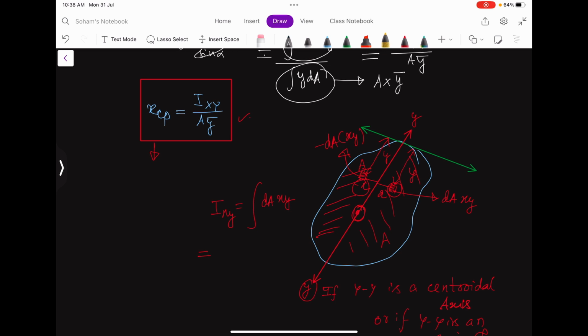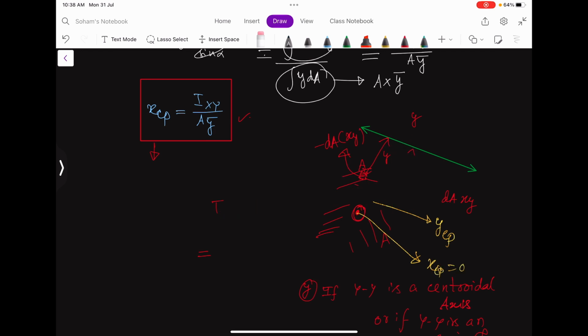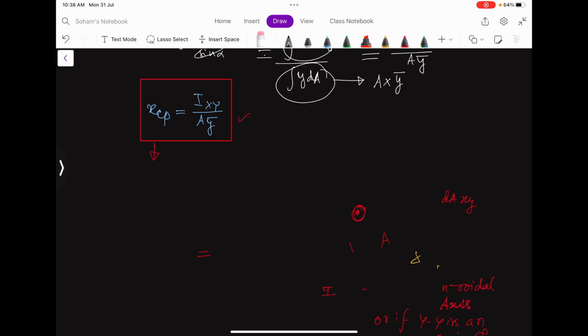Then I have to find only the coordinate ycp, and as the point lies on the y axis, this xcp is 0. So this was also a very important concept.